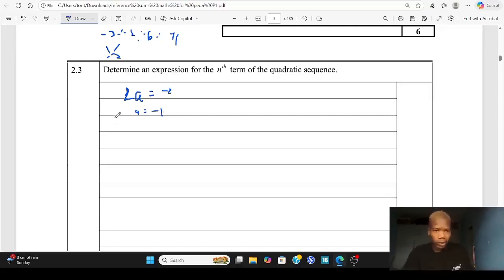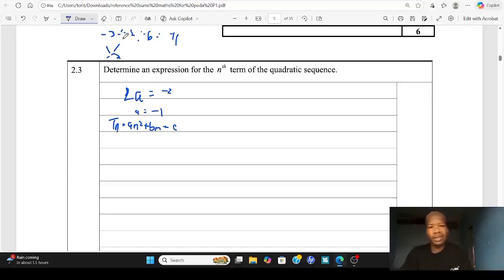Now we know that the formula for the quadratic sequence is Tn is equal to an squared plus bn plus c. Let us substitute what we know.